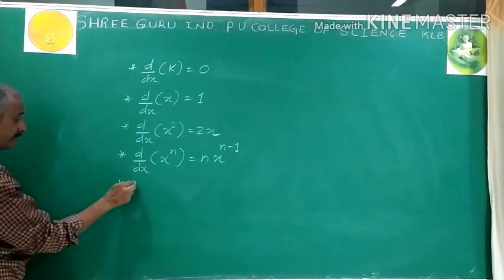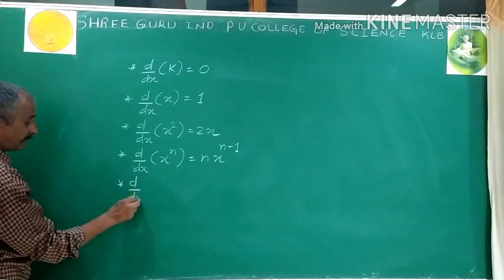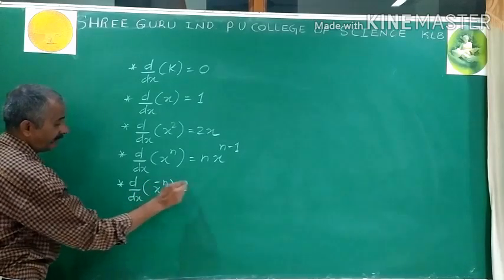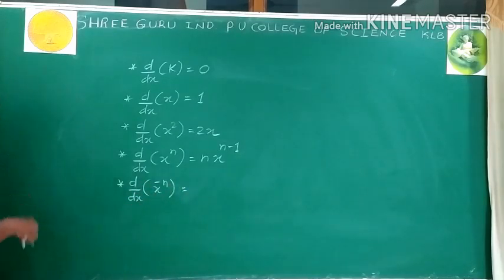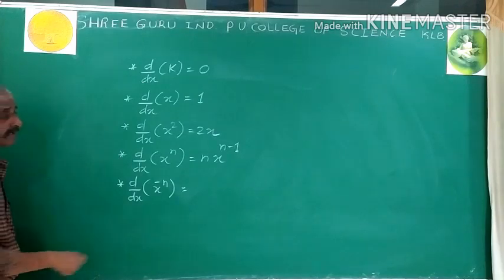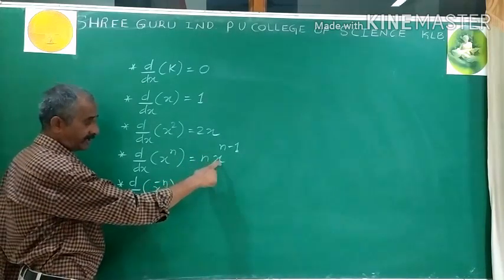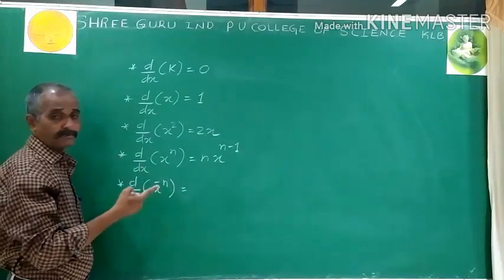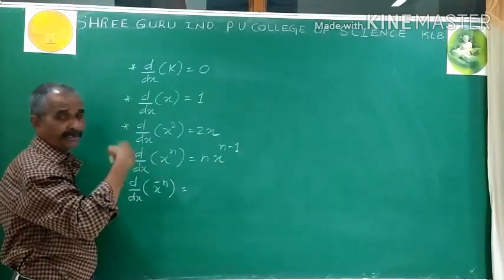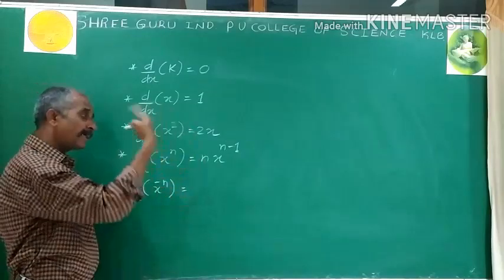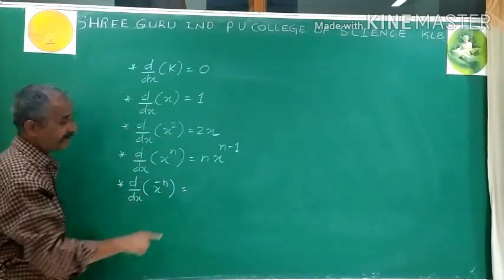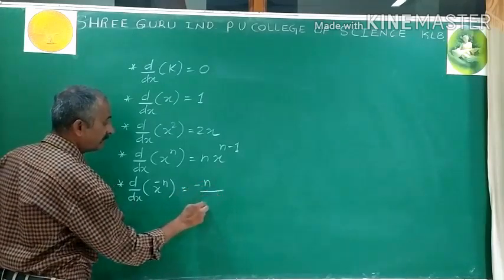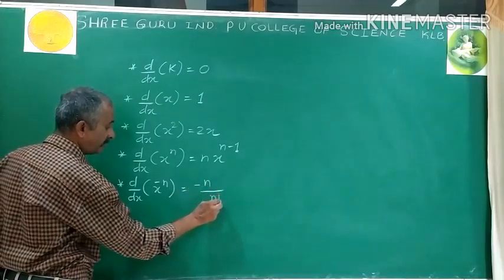Similarly, derivative of x to the power of minus n is given by minus n x to the power of minus n minus 1. Taking minus common, it becomes minus of n plus 1, which can be shifted to the denominator. So the total result becomes minus n divided by x to the power of n plus 1.